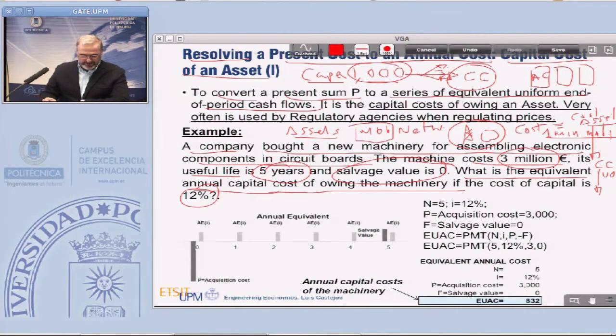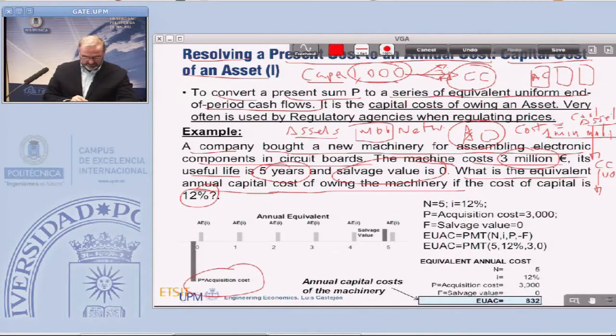So the alternative rate of return, the minimum they are asking, is 12% because they have other projects to invest in, and they ask for 12% in the projects. So let's see the cash flow diagram. We want to convert the capex payment of 3 million today into an annual equivalent payment.